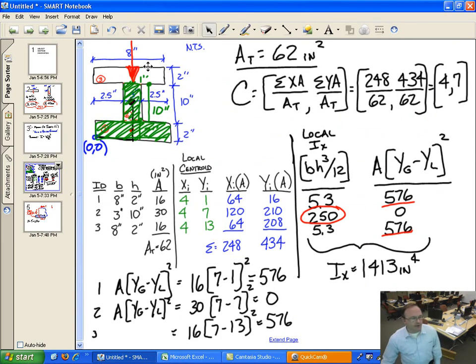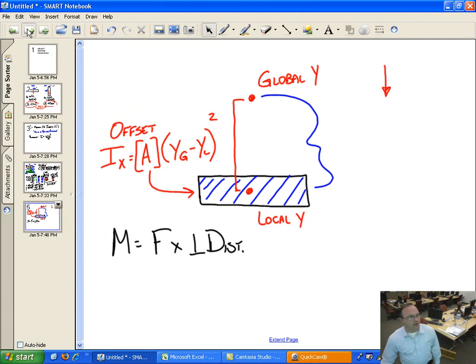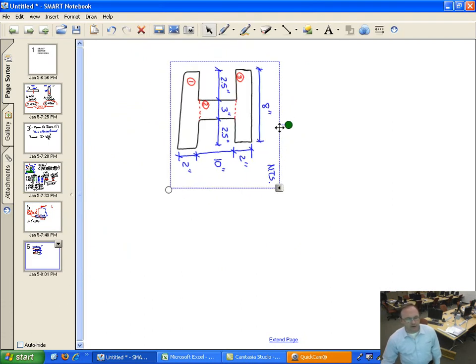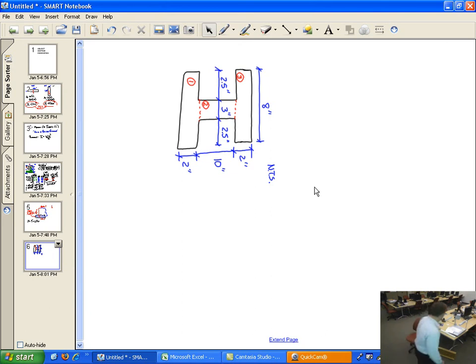Well, let's say we take this same object right here, and I'm going to paste it. I'm going to rotate this 90 degrees, so it looks like that. Taking our same I section, I'm now just going to rotate it 90 degrees. Same exact material, same exact section, but now what is it? My centroid is now here at 0, 0.